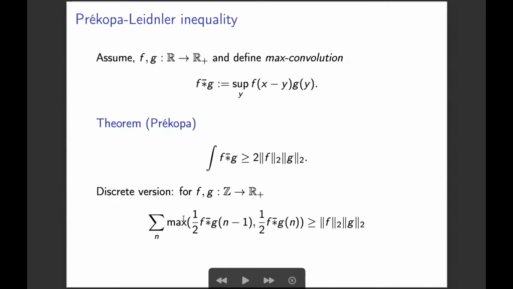And the discrete version says that we can replace the integral with a sum, and here we have only two points which contribute to the max convolution.